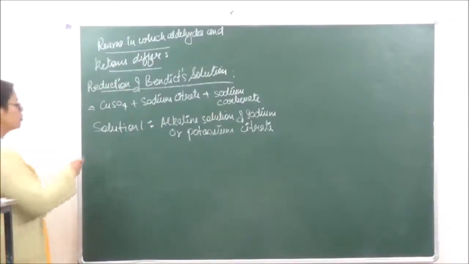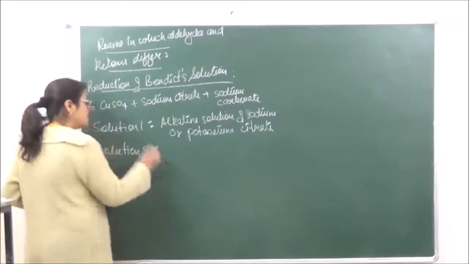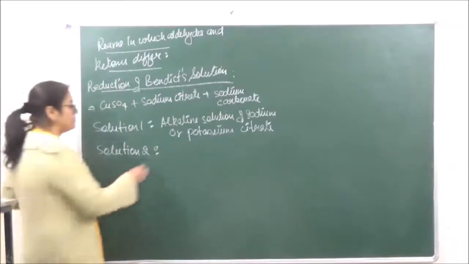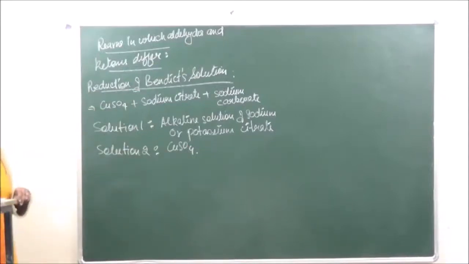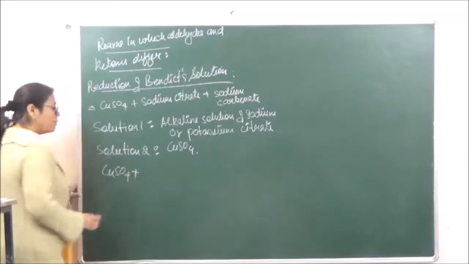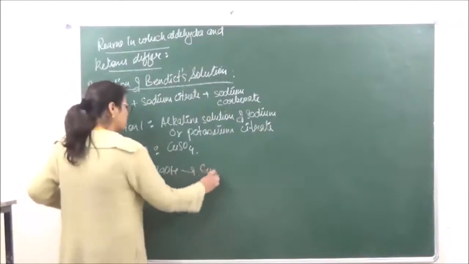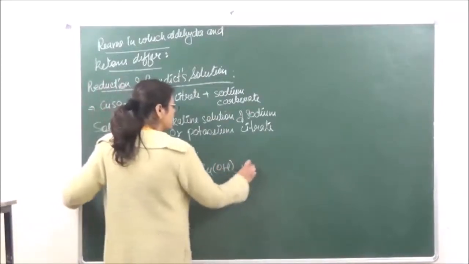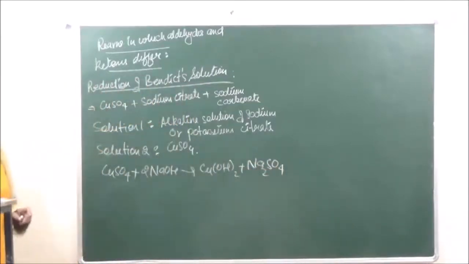Okay? And solution 2 is a solution of copper sulfate. Now how is the reaction going to take place? The first reaction is the same as we had done in the Fehling solution. Copper sulfate is going to react with sodium hydroxide to give us copper hydroxide plus Na2SO4.